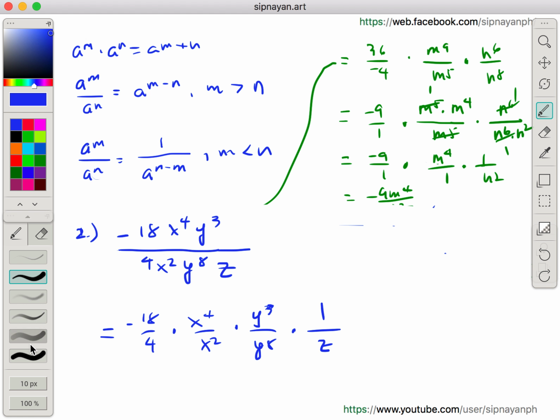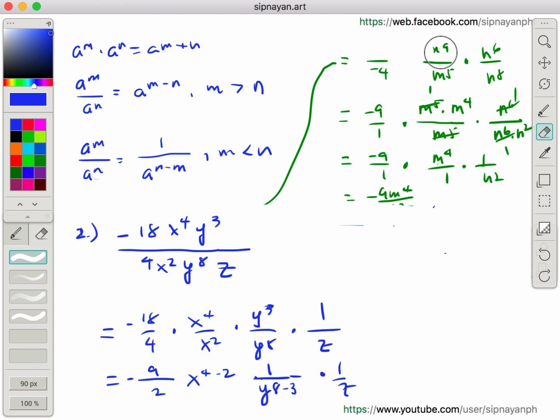So, this is negative 18 over 4. Kailangan natin i-simplify, lowest terms. This becomes negative 9 over 2. And then x to the 4th over x squared is x to the 4 minus 2 by this law. And y cubed over y to the 8 is the same as 1 times 1 over y raised to the 8 minus 3, and then times 1 over z.